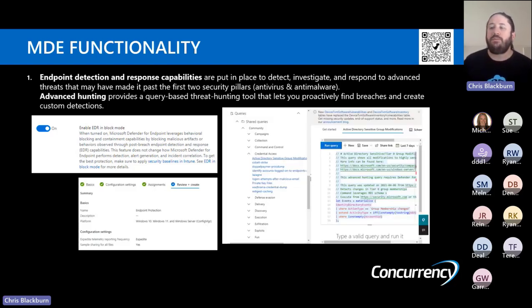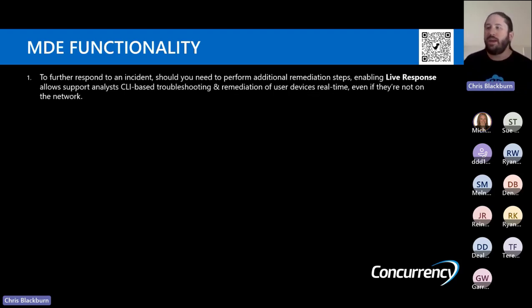And so with this capability, being able to turn on that cloud-based protection allows that management to happen within the cloud, and also allows you to take that sensor data that's coming off of that machine, that's also fueling threat and vulnerability management, and allows you to do proactive hunting, go in and look at any breaches, or even take some KQL and create custom detections where those queries are running in the background and notifying you if there's any sort of issue. So those are some core functionalities that live in MDE.